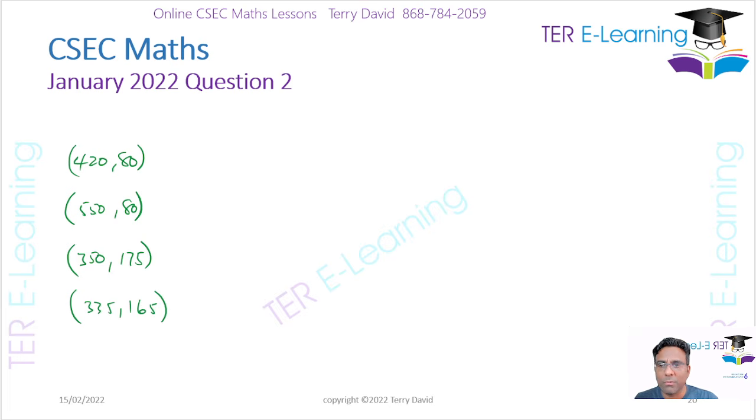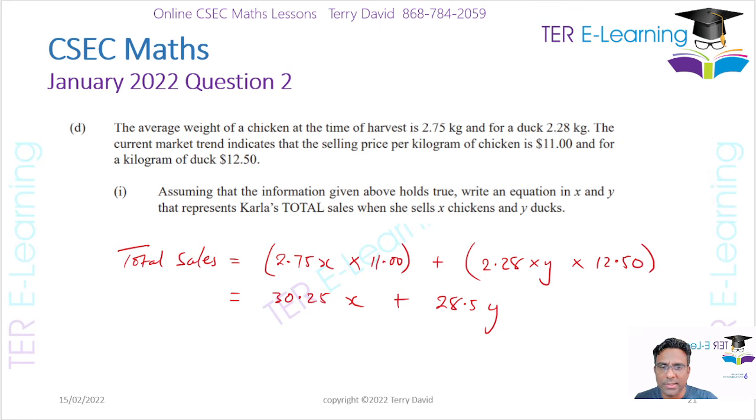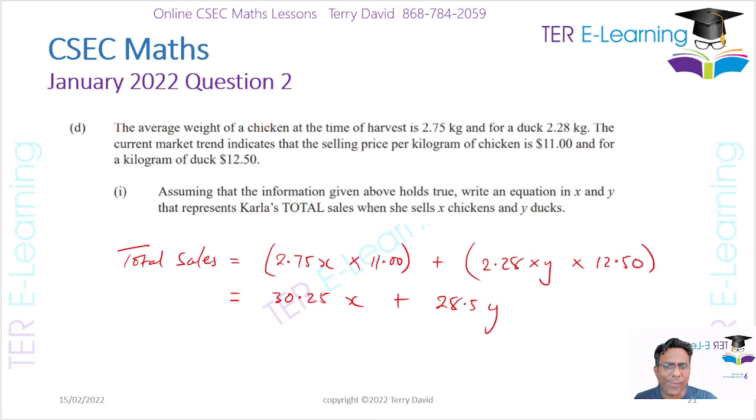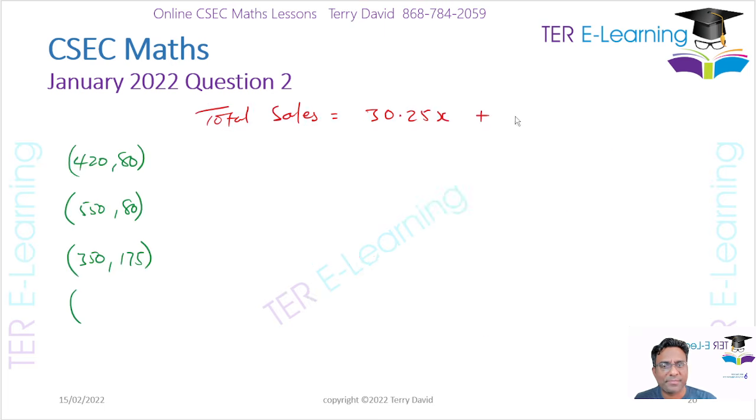Now, my total sales equation is total sales equals 30.25x plus 28.5y.